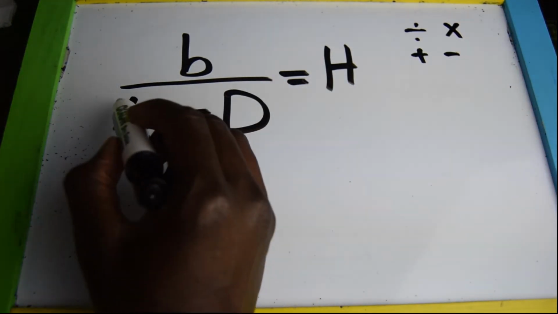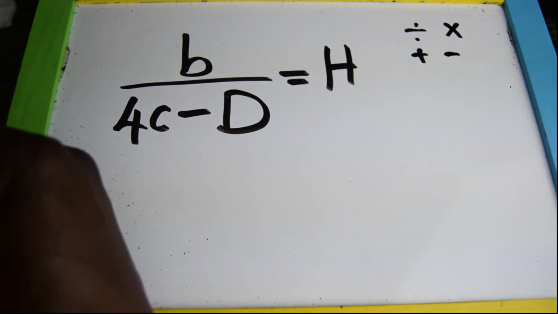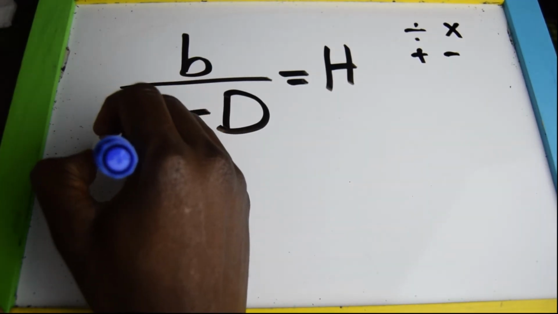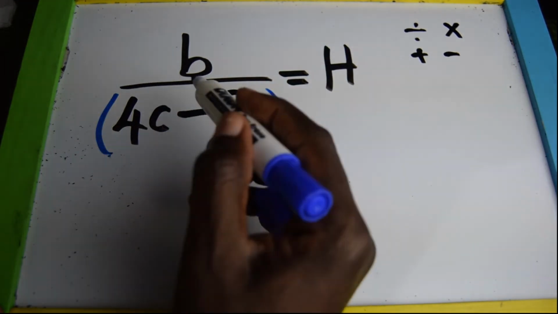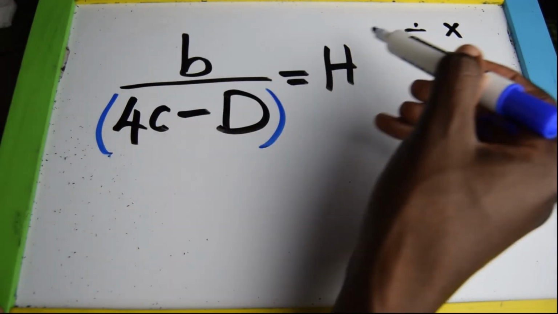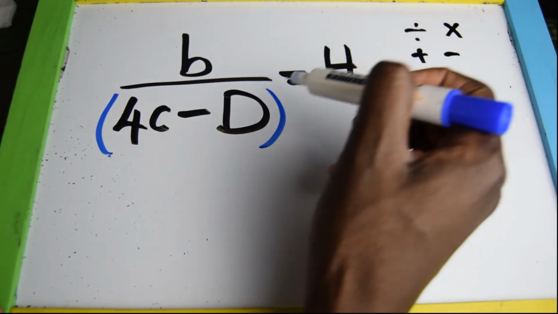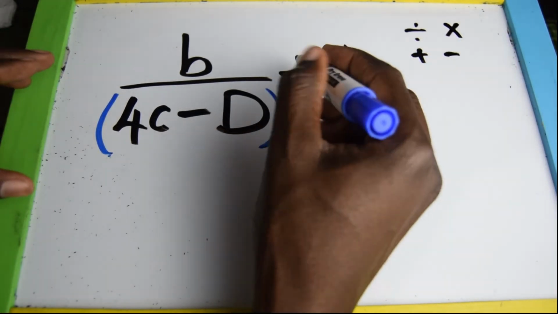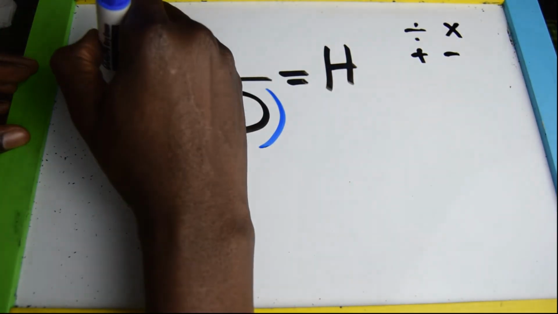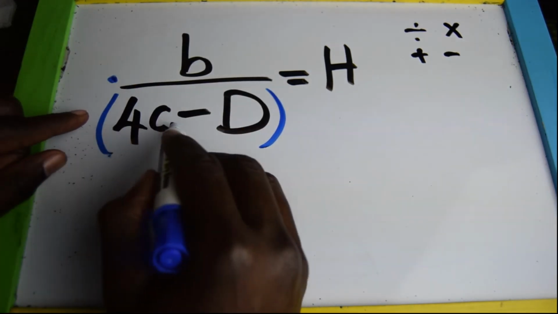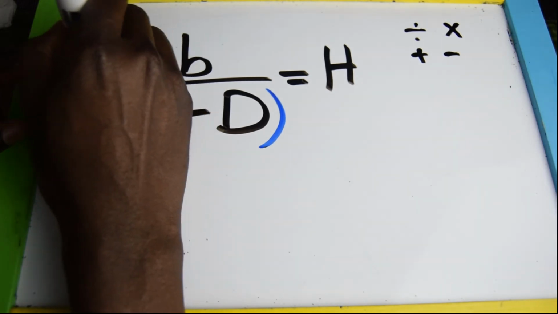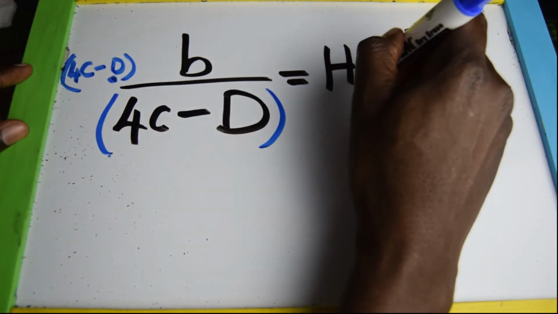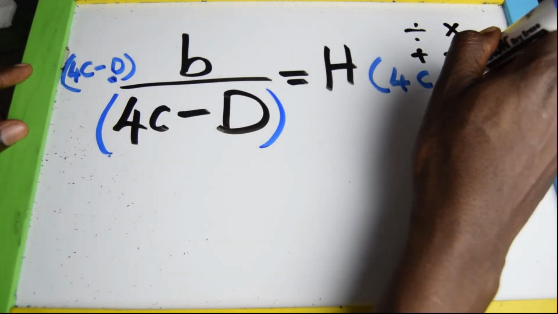So what I'll do here is I will put this in parentheses like this and see what is happening here. This is dividing. So dividing, the inverse is multiply. So I'll multiply both sides of this equation. I'll multiply this side by 4c minus d, and also this side by 4c minus d.